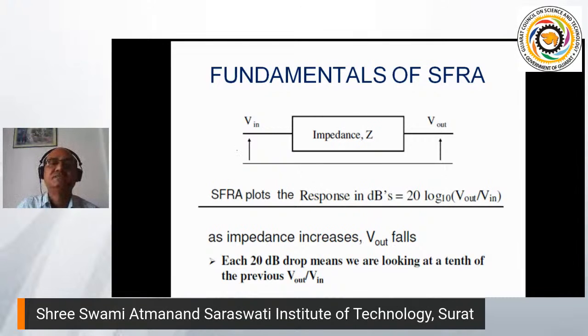Input voltage is given at various frequencies, from 20 hertz to 2 megahertz, sweeping in different steps. The output voltage, because the impedance will change, since it has resistance, capacitance, and inductance, will change. So if you take 20 log 10 of the output divided by the input, this response is obtained in dB.